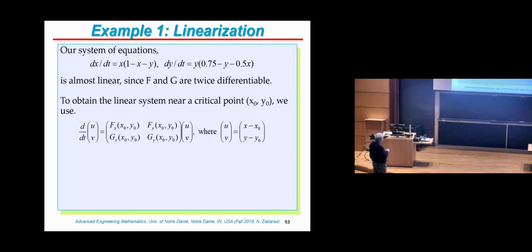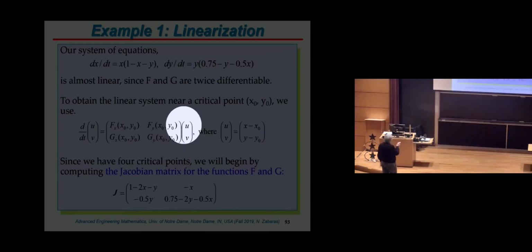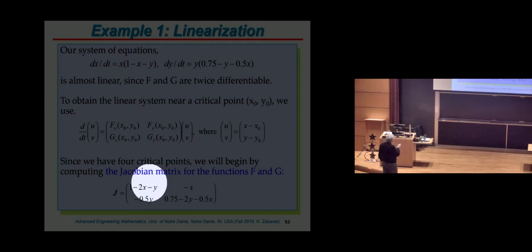After you do linearization, there is no constant term. You drop all the higher order terms, and this is what you get. So the Jacobian, if you calculate derivatives with respect to x, you have x minus x squared minus xy. You get this term, 1 minus 2x minus y. If you take derivatives with respect to y, you get minus x.